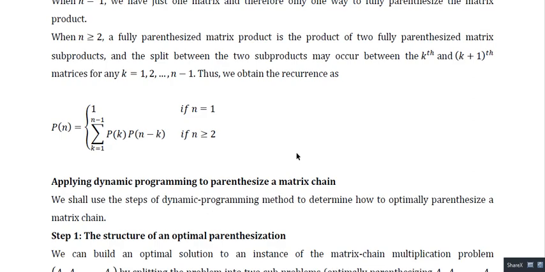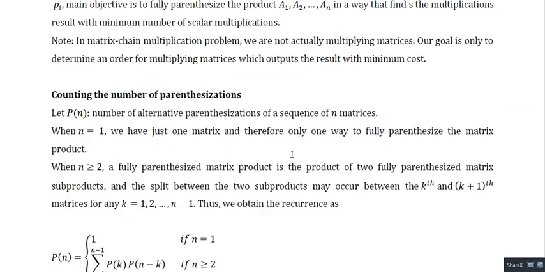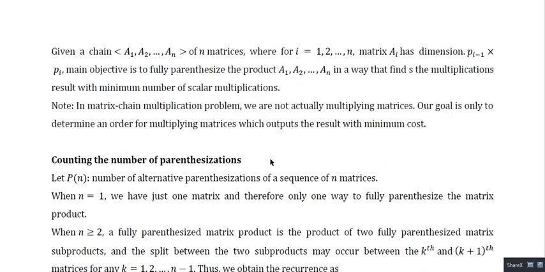Okay. So now let us see the matrix chain multiplication in general, right? So let us consider a sequence A1 to An. In general you can say it is a sequence of matrices Ai, where i varies from 1 to n, right?